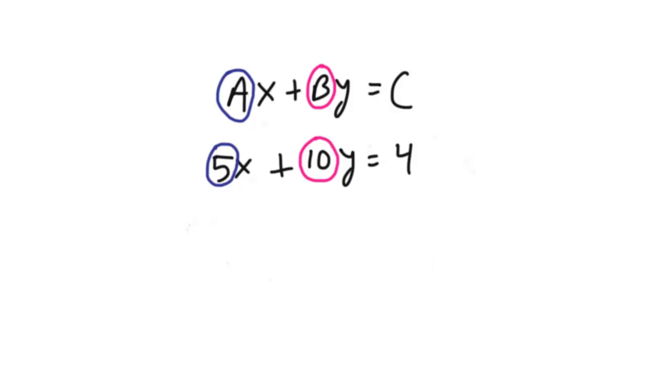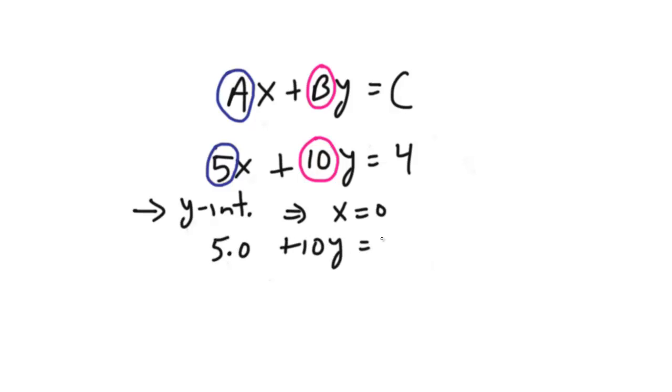Another good thing with the standard form is that you can easily find the x and y intercepts. So to find the y-intercept, what you want to do is make x equal to 0. If x is 0, then you would have 5 times 0 plus 10y equal to 4. So this goes away, and then to get y by itself, we divide both sides by 10.